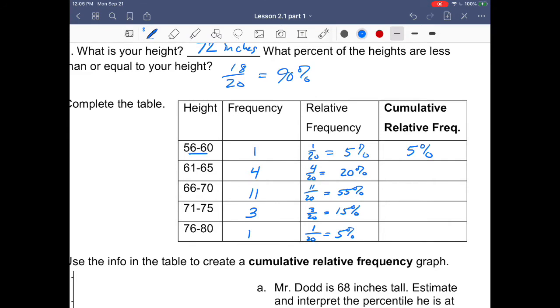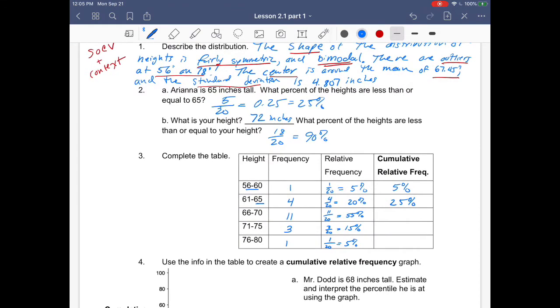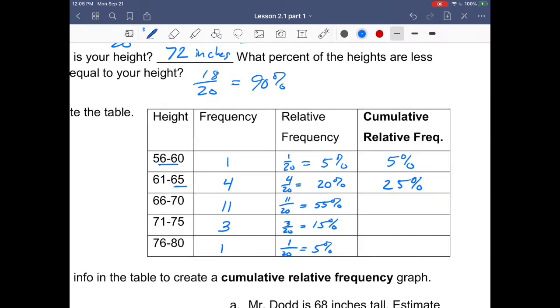Now, cumulative, how many are at 65? Well, 20 plus 5%, 25% cumulative, which does match up with 2B here with Ariana, 25% right here. So from the bottom of the data to 65, there are 25%.